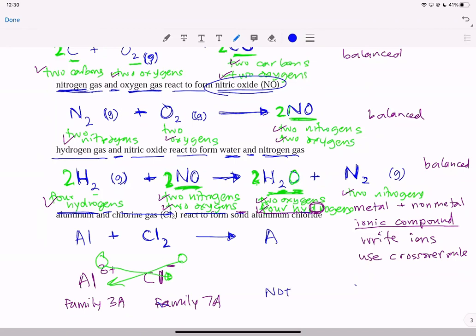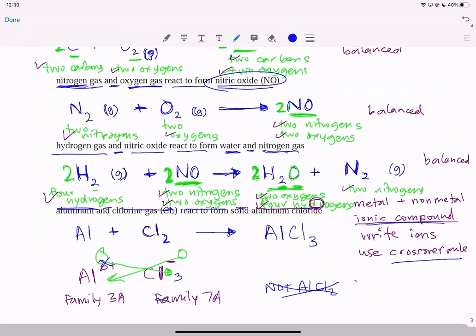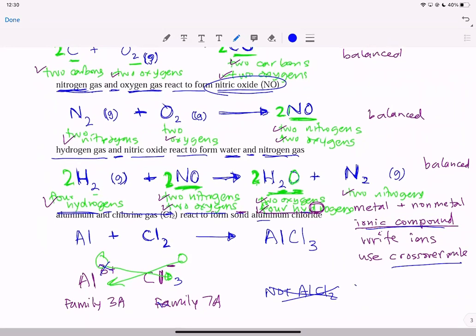Don't just slap those together. The crossover rule provides that this is Al and Cl3. So this 3 crossed over and down, and no number crossed over and down. That's how you have AlCl3. It's an ionic compound. That's why you had to do that. There's a little tip off there that you had this aluminum chloride, the metal plus nonmetal.